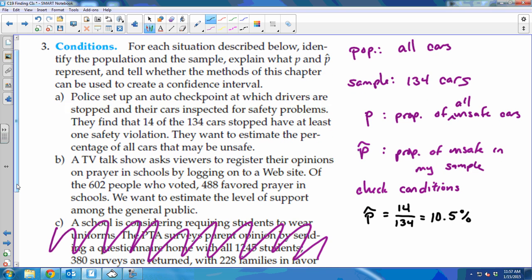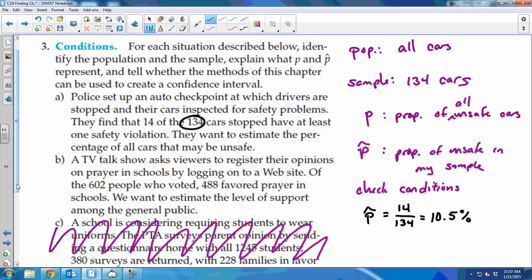So I would need to check success failure. What is N? 134. So I would do 134 times 0.105, and then I would do 134 times the complement, right? Both of those end up being greater than 10. You get 13.9 and 120.1. So it works out.